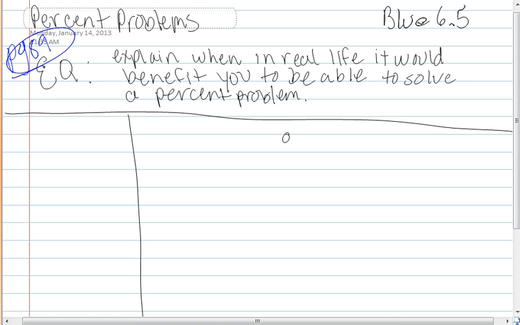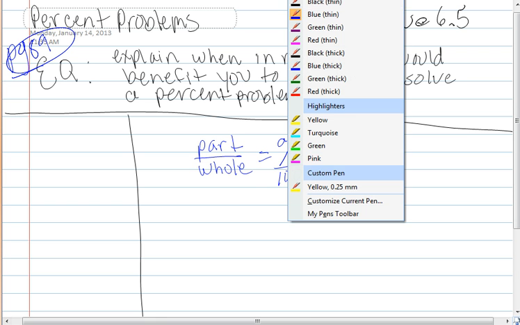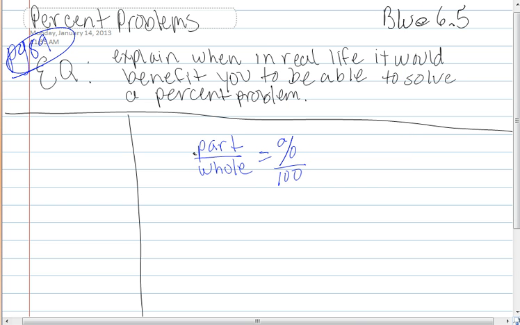Yesterday we talked about percent, and you had a formula that was part over whole equals percent over 100. And you used that formula over and over again to solve every single problem, and every single time your variable was right here, your x or your unknown value.